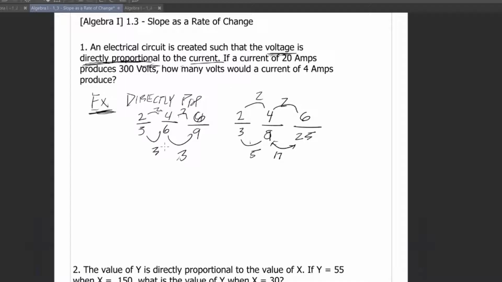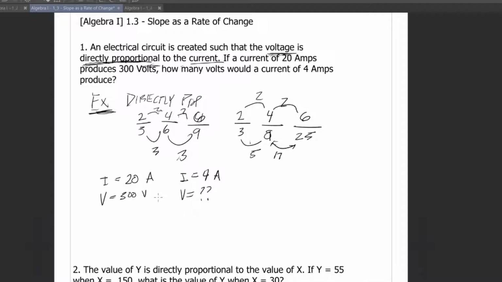So referring back to this problem, we say if a current, so current's noted I, equals 20 amps, and that produces 300 volts. They're asking how many volts would a current of 4 amps produce? Equals 4 amps, right?